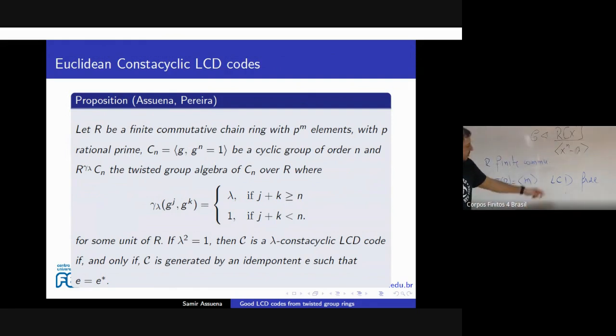This result is a little bit more general. It can be proved also when we consider Frobenius rings. Chain rings are a particular case of Frobenius rings, and this condition is crucial for us.